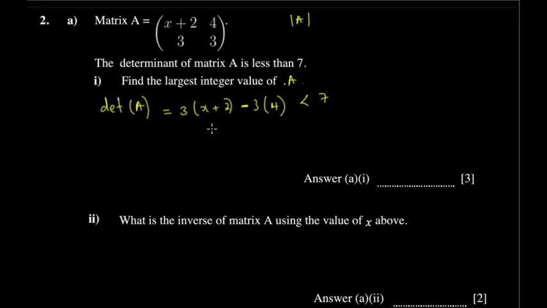Now you simplify. So here you can expand to say 3x plus 6 minus 12, less than 7. So you get 3x less than 6 minus 12, which is negative 6. If you're having a hard time understanding why 6 minus 12 is negative 6, just put it in the comment section, and I'll be able to do a video on that.